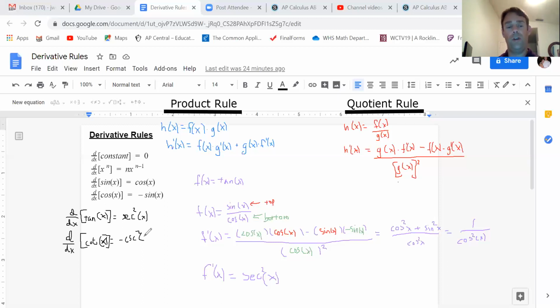Cotangent is the same thing as cosine over sine. And we could do the same thing for secant. Use a quotient rule. Secant is 1 over cosine. Turns out this one ends up becoming secant x tangent x.